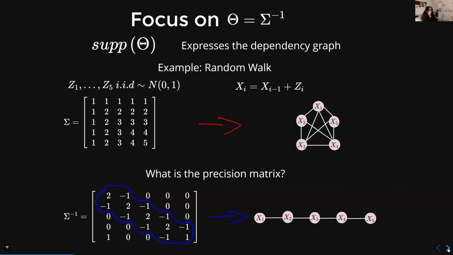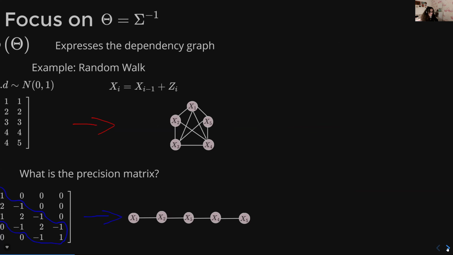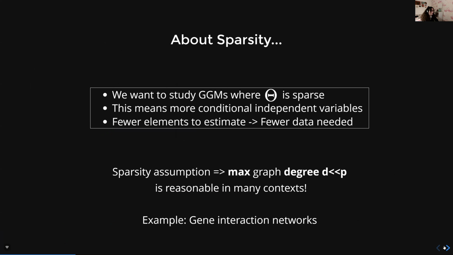So just to build the idea of what we are trying to do and the kind of problems that we want to focus on, these are toy examples, of course. So we want to study Gaussian graphical models where the precision matrix is sparse. Okay, and this means that we are expecting to have more conditionally independent variables.